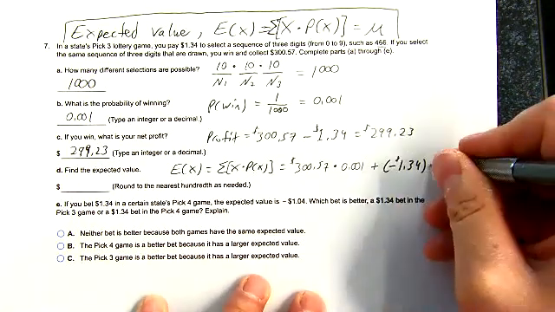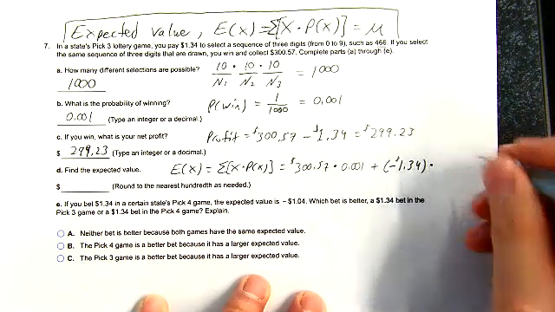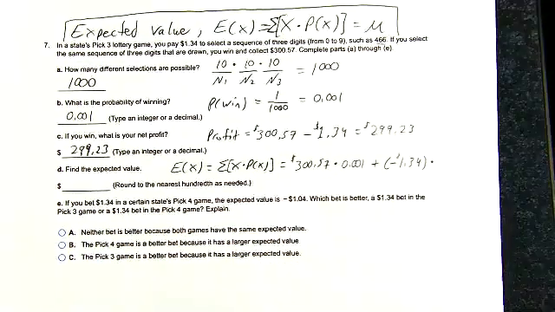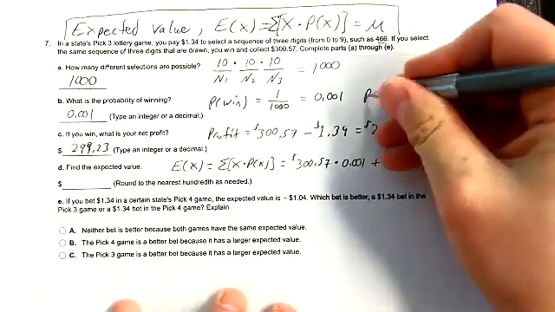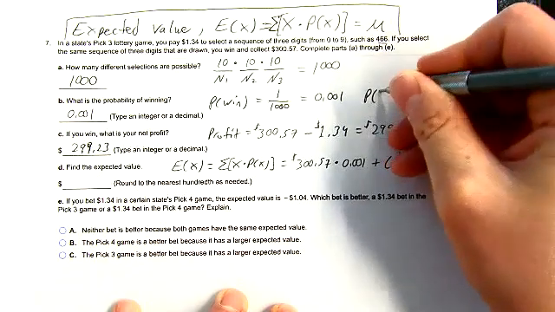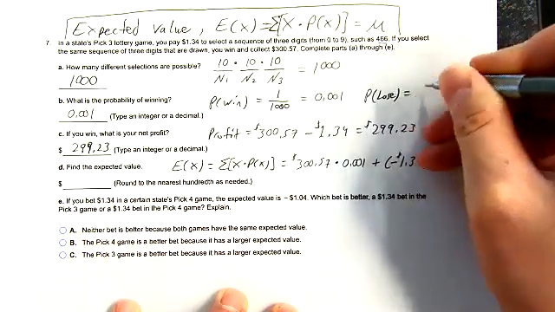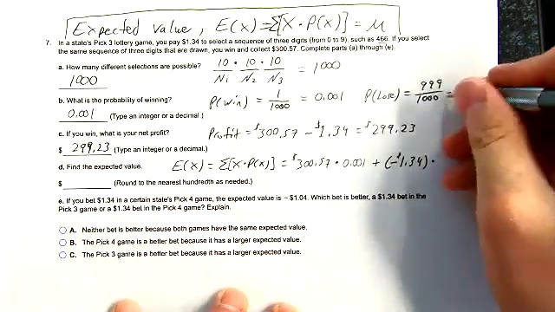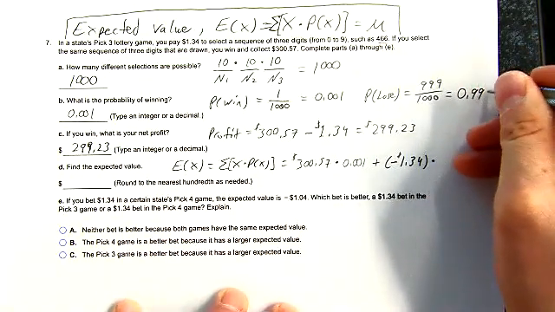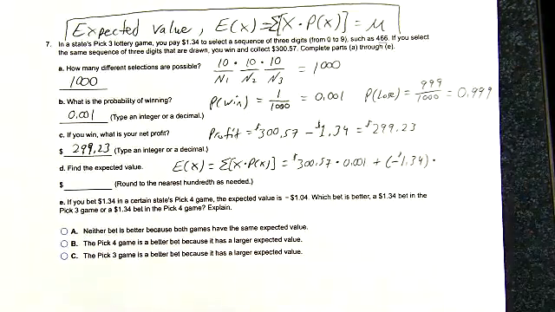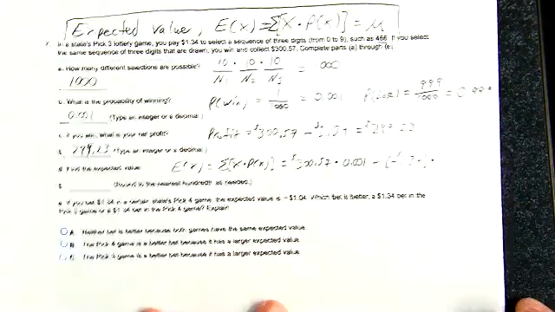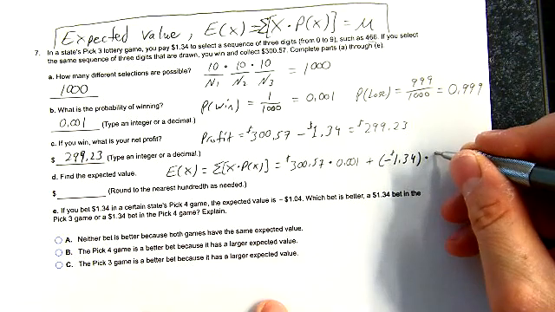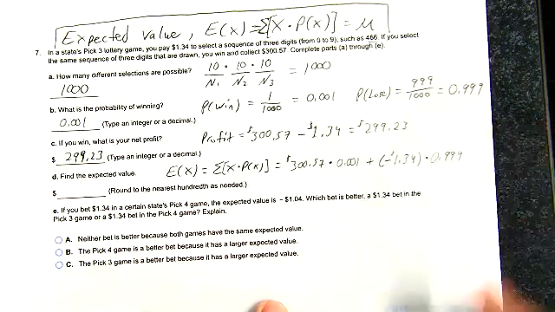Now here's the second trick to this. What's the probability that that happens? Beautiful. So the probability of winning is 1 out of 1,000. The probability of losing is 999 out of 1,000, which if you convert to decimal is 0.999. So this number here is 0.999.